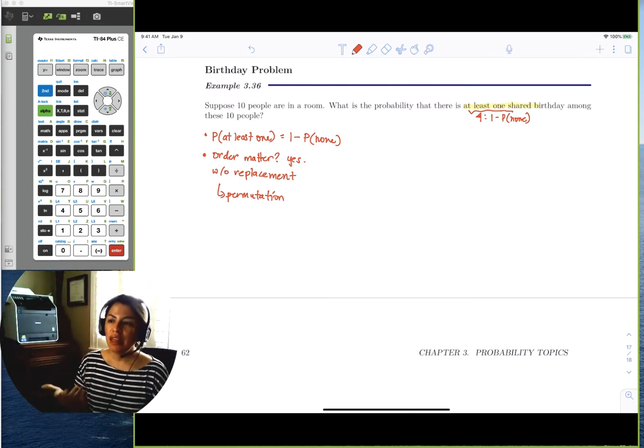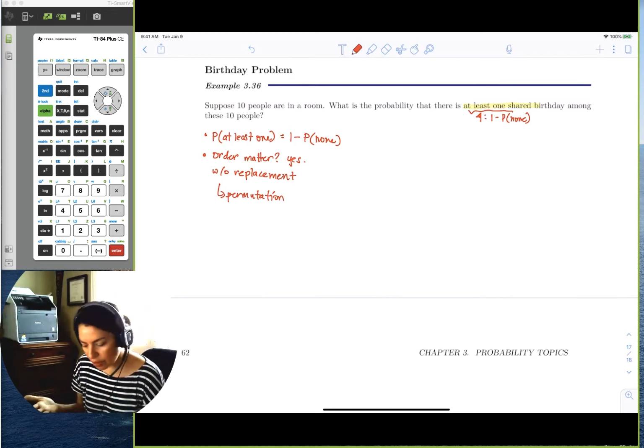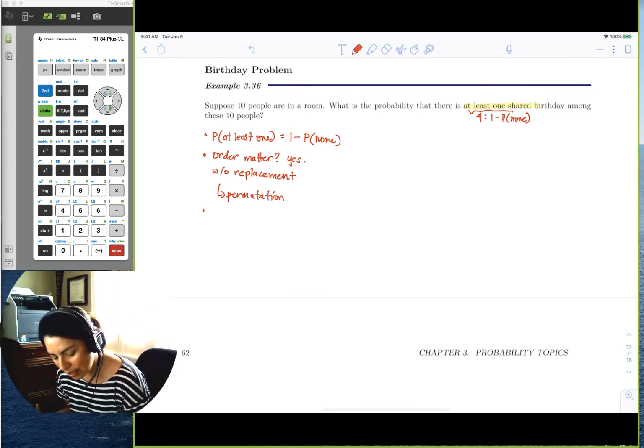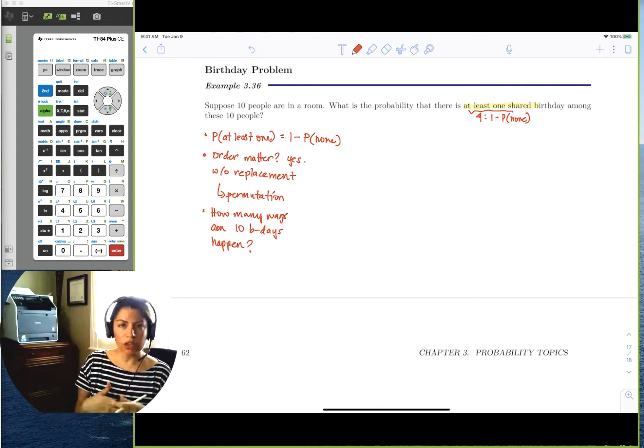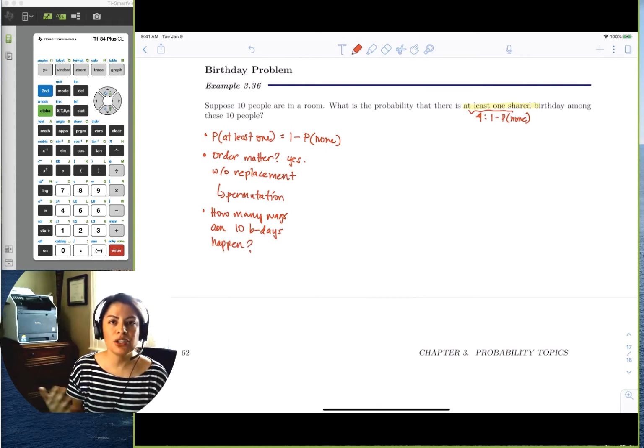Yes. And then we also have to see how many ways 10 birthdays can occur, because there's how many days in a year? Let's just say it's not a leap year.